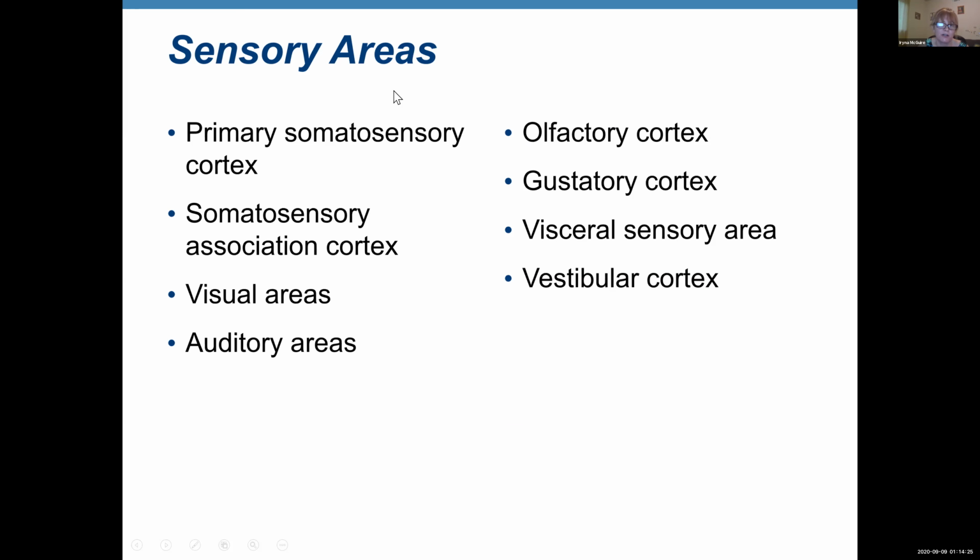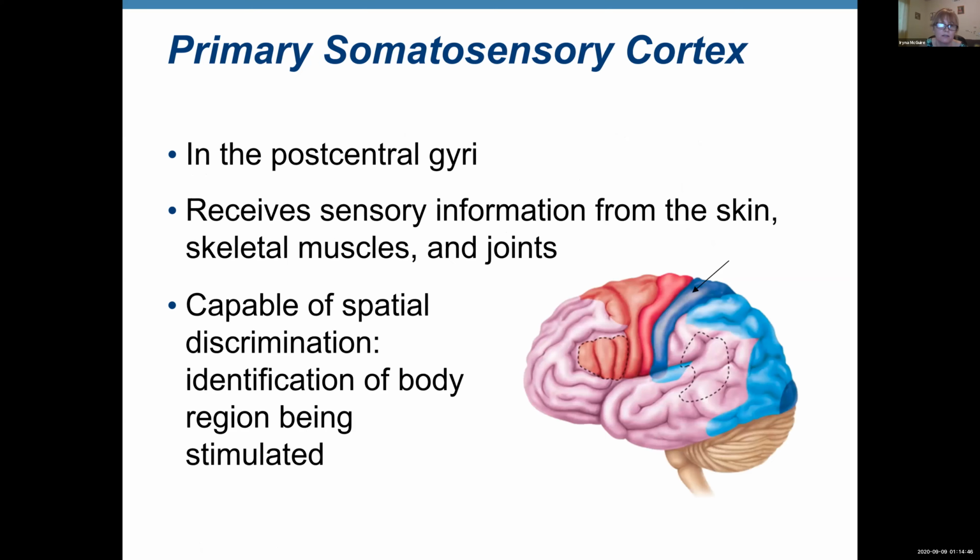Now, sensory areas. We have lots of sensory areas. Primary somatosensory cortex, somatosensory association cortex, visual area, auditory, olfactory, gustatory, visceral. This one comes from your internal organs, and vestibular cortex. So again, look at them in more detail. So primary somatosensory cortex.